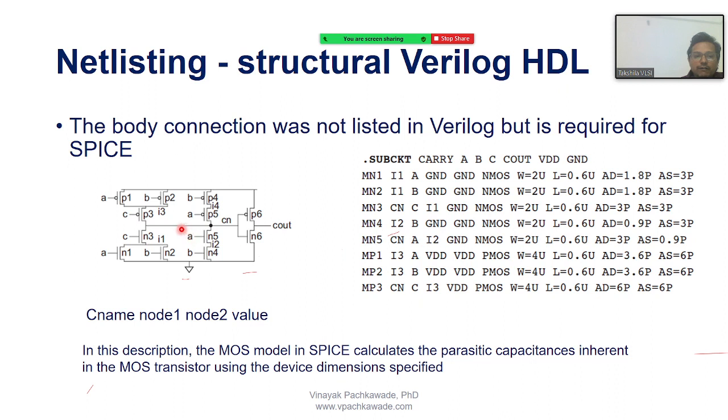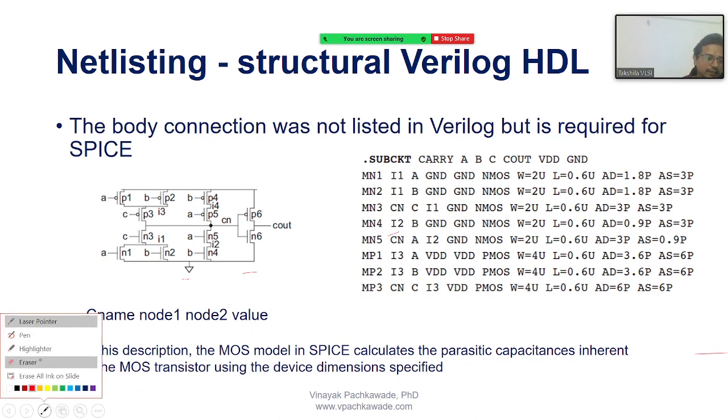For example, if I have external capacitors, how will I define the syntax? The name of the capacitance, C name. It could be C1, C2, whatever. And I will then tell through the syntax at which two nodes it is connected, node 1 and node 2, and the value of that capacitor in farad. So if I connect a capacitor here, can anybody tell me the syntax for that? Because a layout engineer needs to understand how the netlist is to be read.